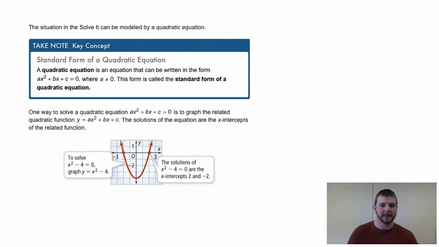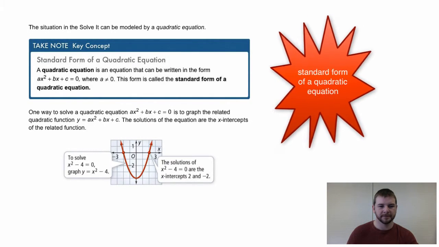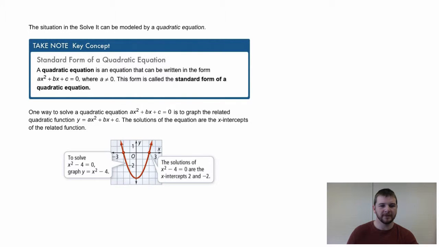This form is called the standard form of a quadratic equation. One way to solve a quadratic equation in standard form is to graph the related quadratic function y equals ax squared plus bx plus c. The solutions of the equation are the x-intercepts of the related function.